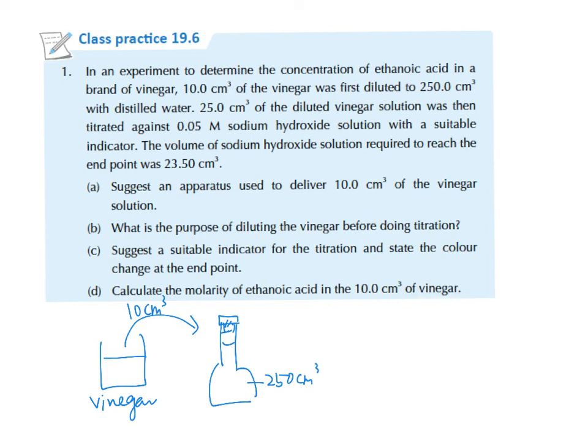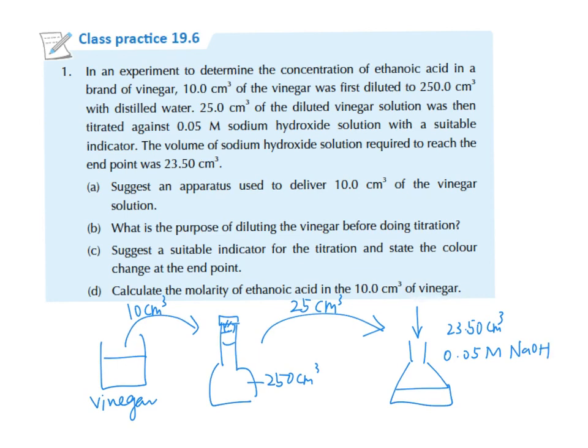And in this 250 cm cube of diluted vinegar solution, we only take out 25 cm cube of this diluted vinegar to a conical flask, and with the presence of a suitable indicator, it is titrated against sodium hydroxide, and 23.50 cm cube of 0.05 molar sodium hydroxide solution is required for it to reach the end point.